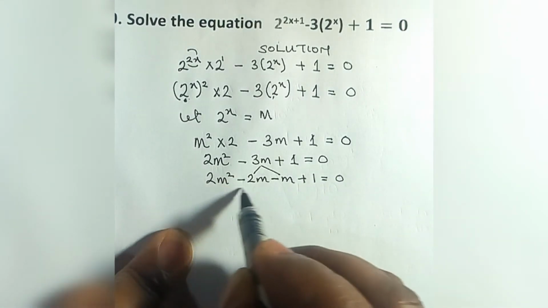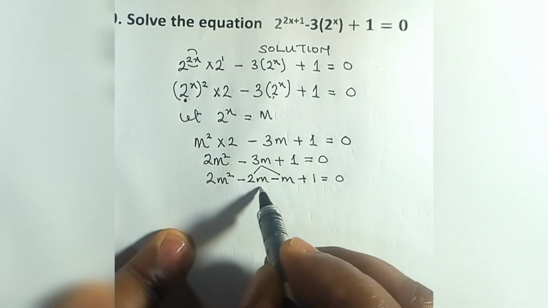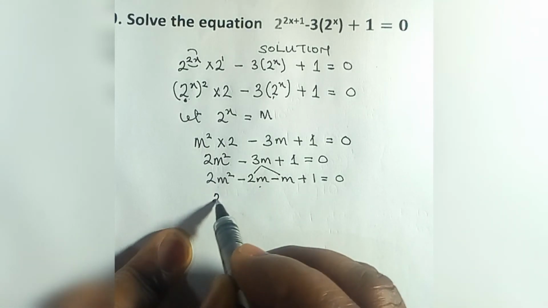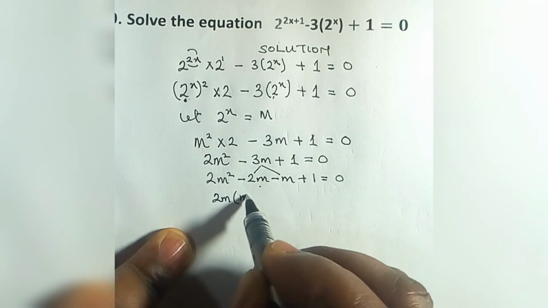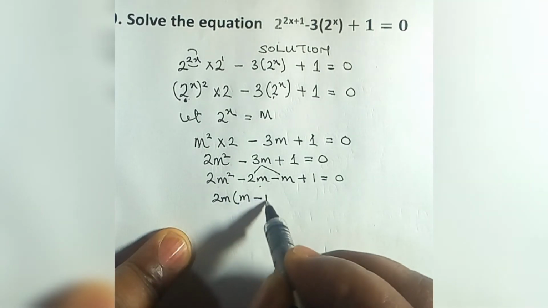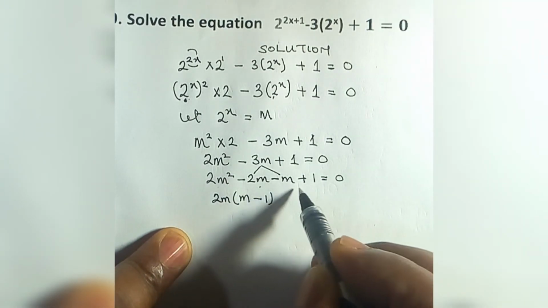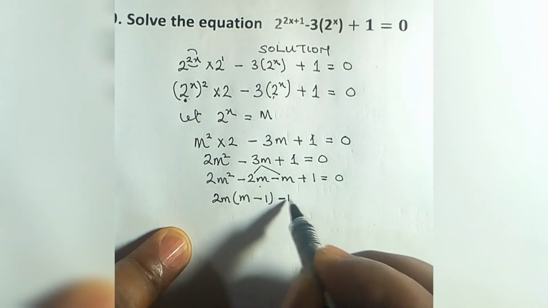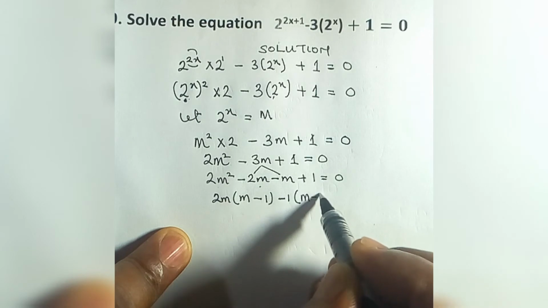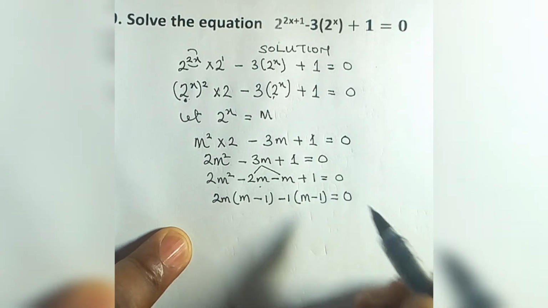Now for this part of the equation, 2m is common, so we factor out 2m, and then we'll be left with m minus 1. Looking at this side, we have minus m plus 1. What is common to both sides is minus 1. Minus 1 into m minus 1 equal to 0.